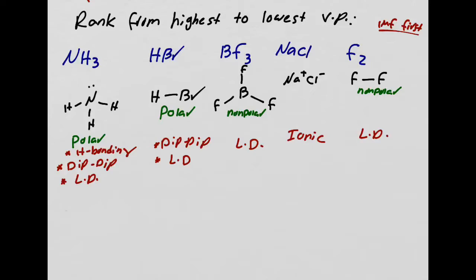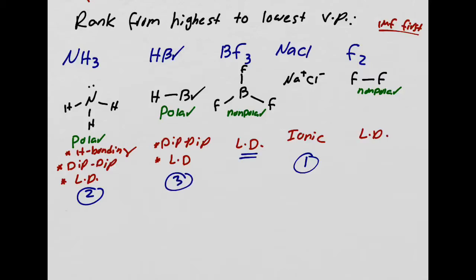So based on this, what is my highest intermolecular forces? If I had to rank the IMF, let's rank the IMF first. My highest intermolecular forces is ionic. You agree? Okay. After that would be the hydrogen bonding. After that would be the dipole.